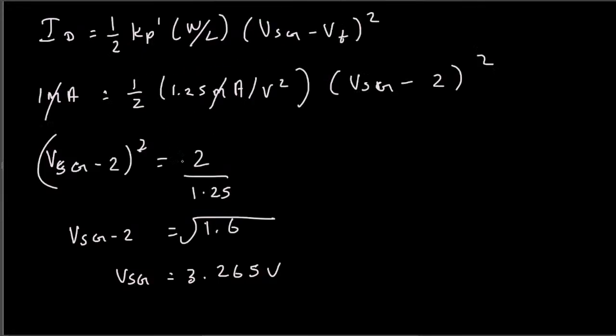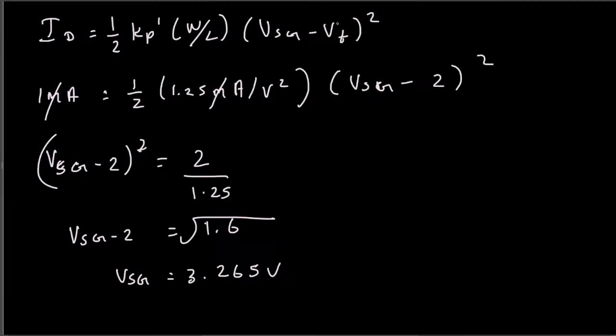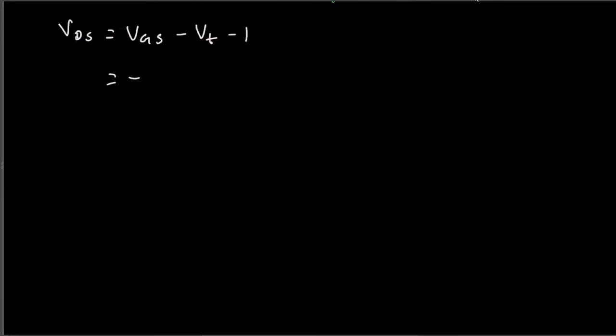Here we have source gate voltage, that is 3.265. So the gate source voltage is the opposite; when we switch VSG to VGS, it becomes negative, minus 3.265.